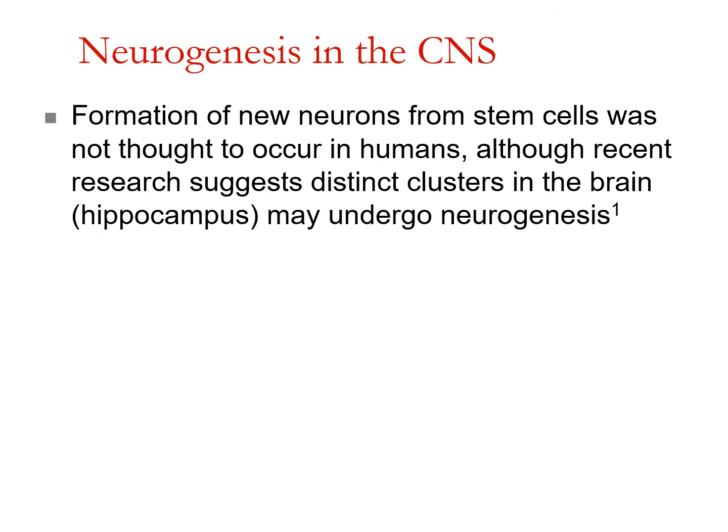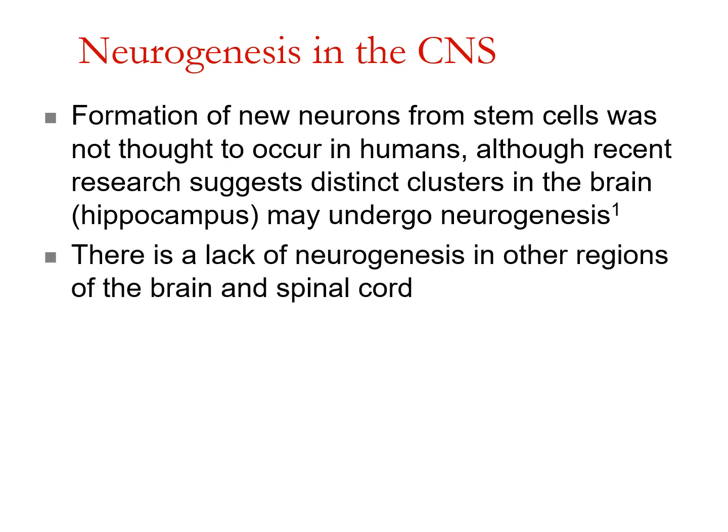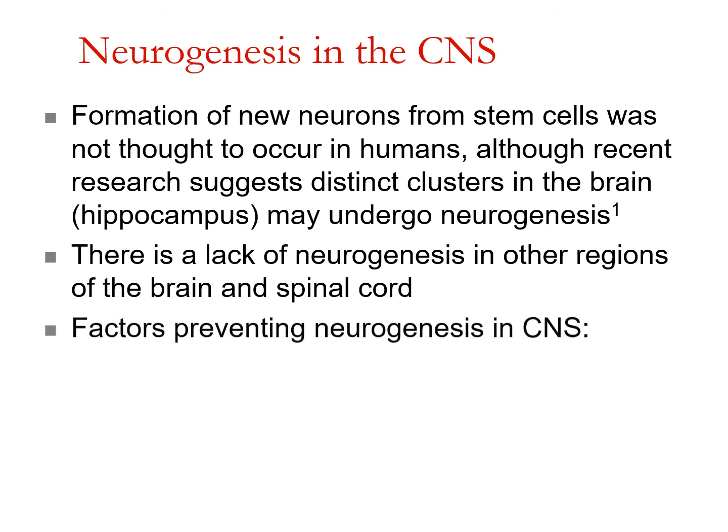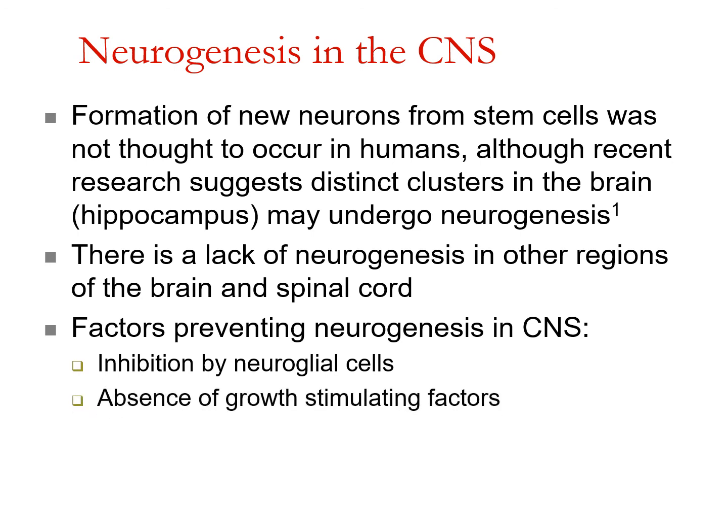In the central nervous system, formation of new neurons from stem cells was not thought to occur, but recent research suggests that distinct clusters in the brain, for example, the hippocampus, which is associated with memory, may undergo neurogenesis and regrowth. But there's a lack of neurogenesis in other regions of the brain and spinal cord. Neurogenesis is not as likely in the CNS as it is in the peripheral nervous system, as it is inhibited by neuroglial cells.